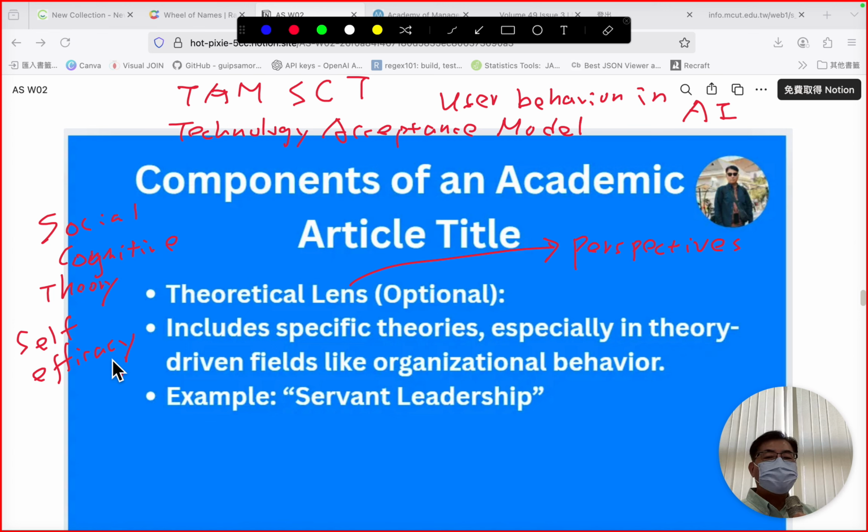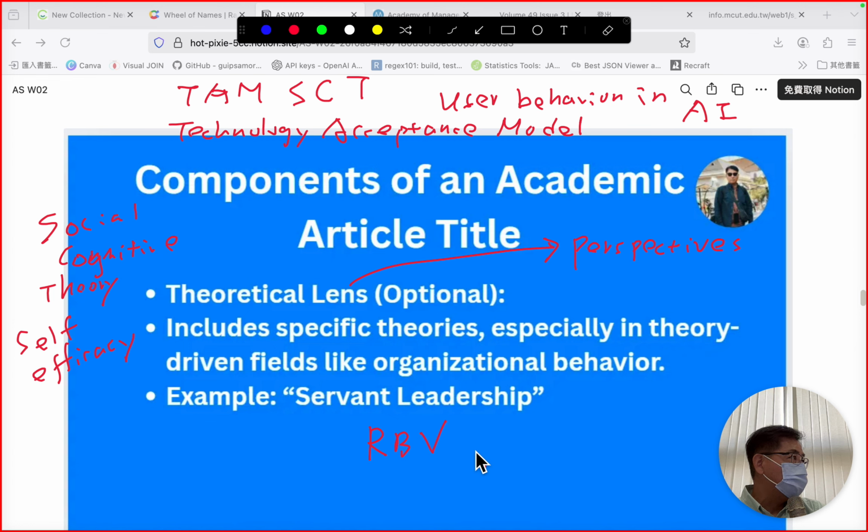So I want to point out here, usually in the article, people will highlight what kind of perspective they use in their study. Maybe TAM, maybe SCT. Or in organizational theory, there's a perspective called RBV, resource-based view.